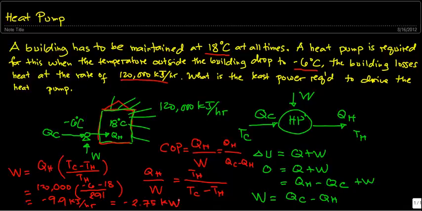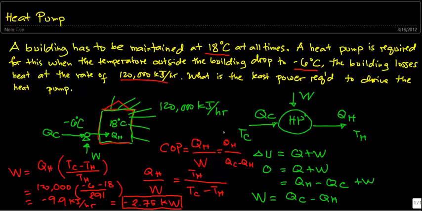Negative 2.75 kilowatts. Therefore, what is the meaning of negative 2.75? The negative sign is confusing, but it should be positive, because work is being done to the pump.